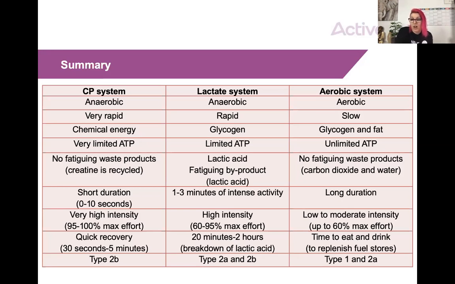We're using glycogen and fat to create that ATP, and it gives us unlimited ATP, so we can run marathons using the aerobic energy system. There's no fatigue from waste products, because it's carbon dioxide and water: we're breathing out the carbon dioxide and sweating out the water.